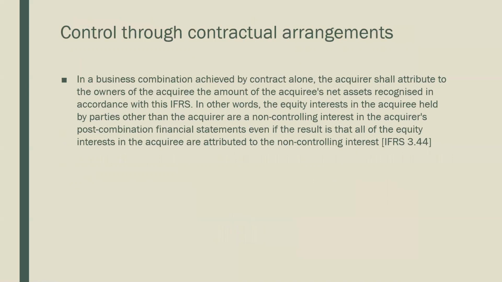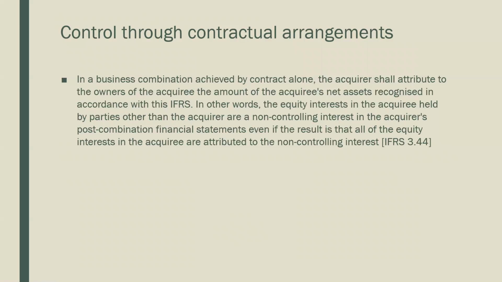When a company gets control through contractual arrangements, the acquirer shall attribute to the owners of the acquiree the amount of the acquiree's net assets recognized in accordance with IFRS 3. In other words, the equity interest in the acquiree held by parties other than the acquirer becomes a non-controlling interest after this arrangement has been implemented, in the acquirer's post-combination financial statements, even if the result is that all of the equity interests in the acquiree are attributed to non-controlling interests.